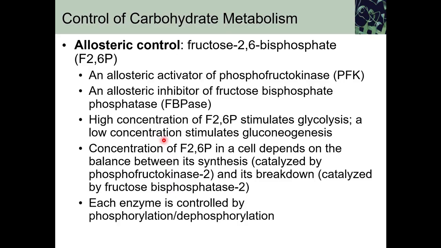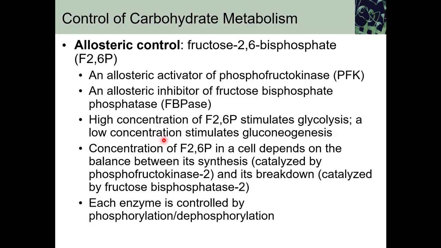And if there's no need for you to metabolize glucose, then that means you have enough energy, and this time the liver will be synthesizing glucose, not for itself, by the way, but so that it can replenish the glucose, for example, in the blood or in some of our tissues.